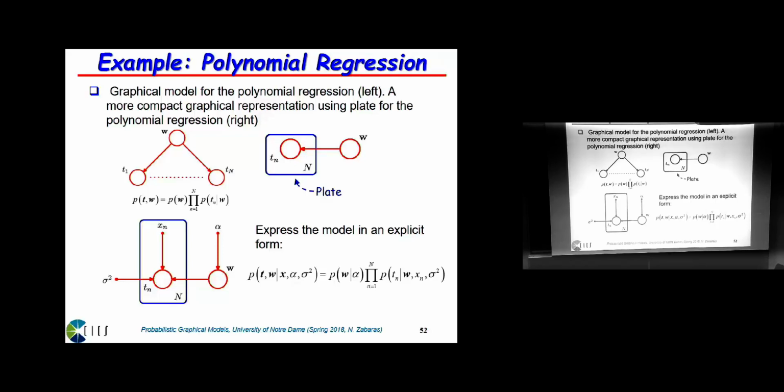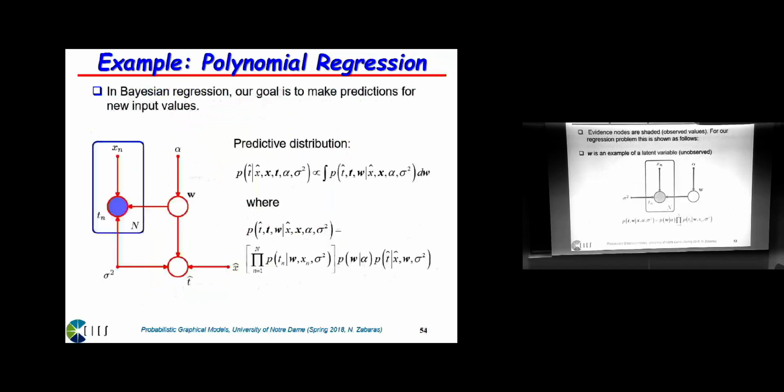Okay? Now, in this graph, there is nothing for predictions. Basically, it has only the information, the values for training, the t values and the x values, the priors and w, but there's nothing for prediction.